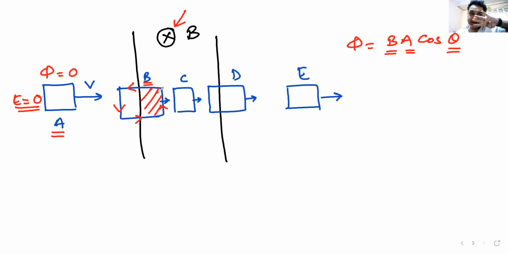Magnetic field is inside. I create magnetic field outside. To create magnetic field outside, with the thumb as magnetic field, current must be anti-clockwise, and that is the answer for this case. Do we understand this? Yes, sir.